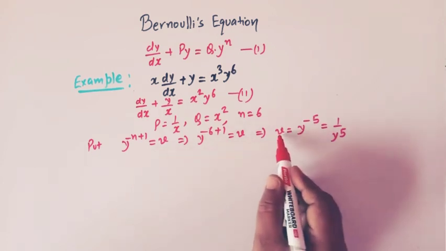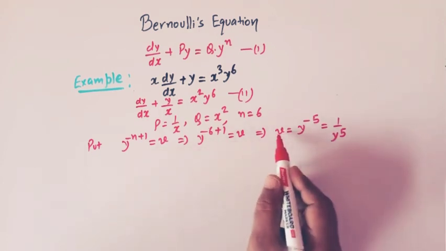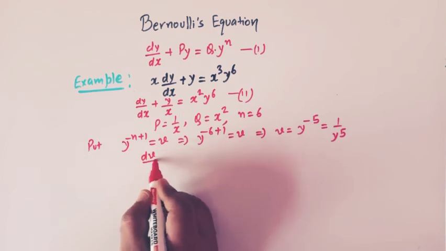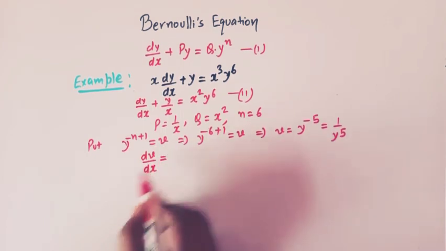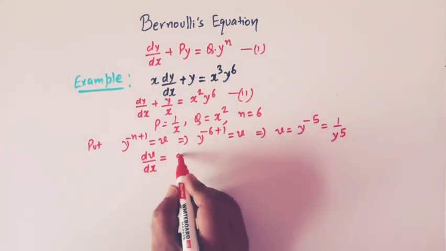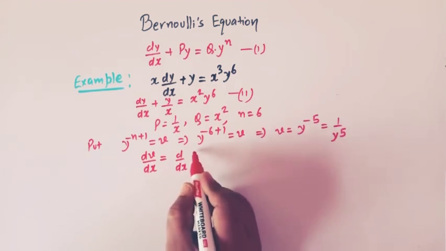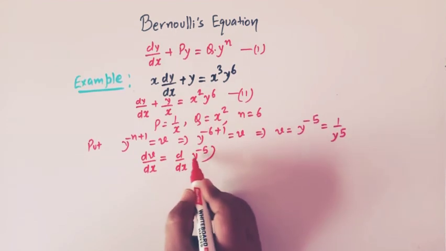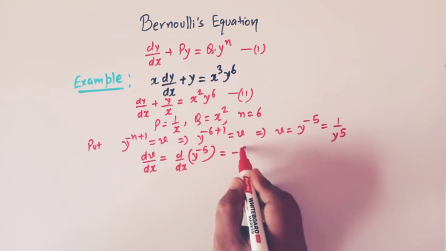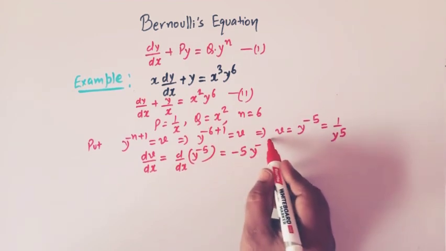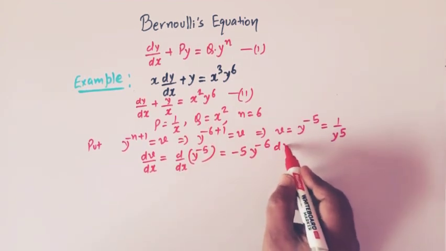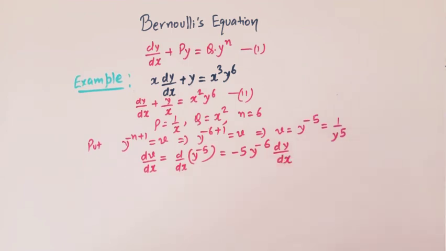Okay, so now we'll differentiate v with respect to x. So dv over dx can now be written as d by dx of y raised to minus 5, and this is minus 5 y raised to minus 6 and dy over dx, right?